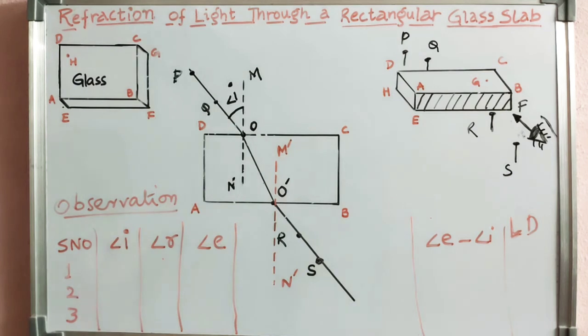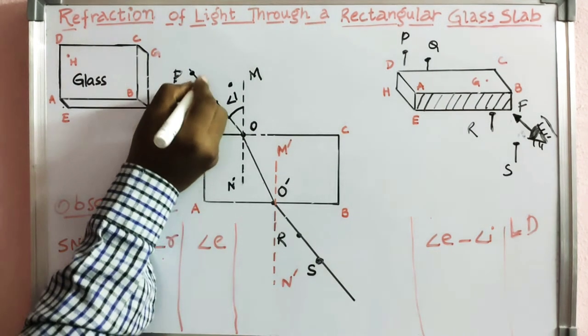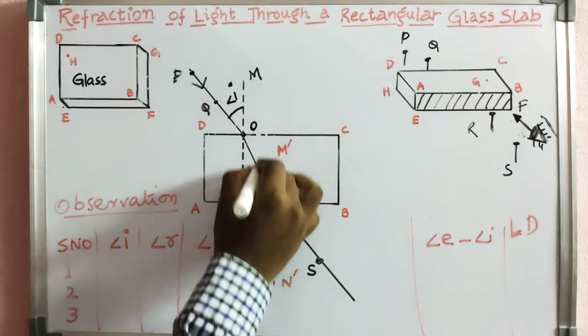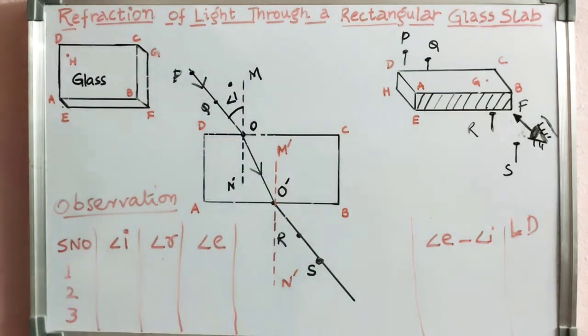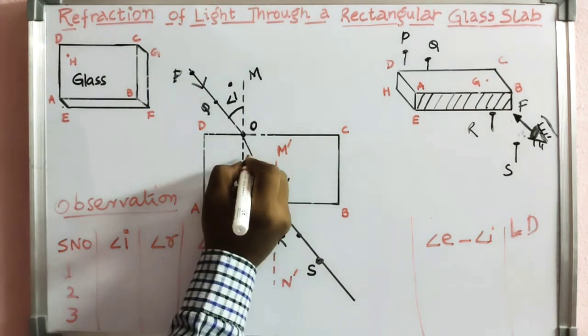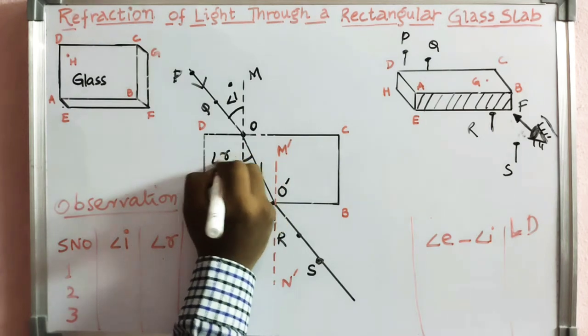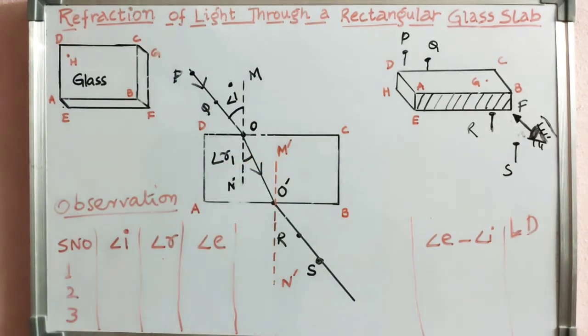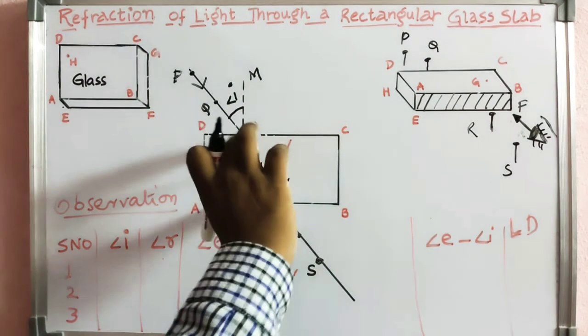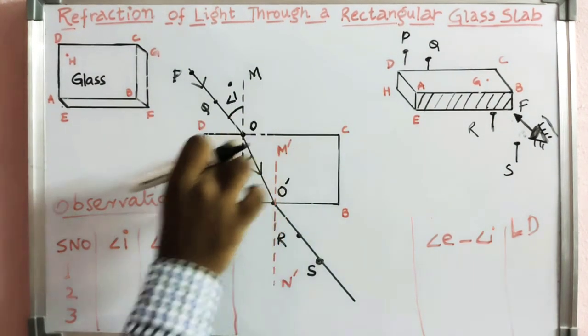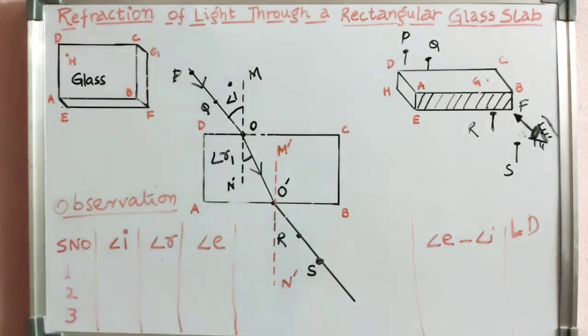The angle made by the refracted ray with the normal at the point of incidence. So which is the refracted ray? How is the light entering? This way, right? So this is the refracted ray, O dash is the refracted ray. The angle made by the refracted ray with the normal at the point of incidence, I'll call it angle of refraction.